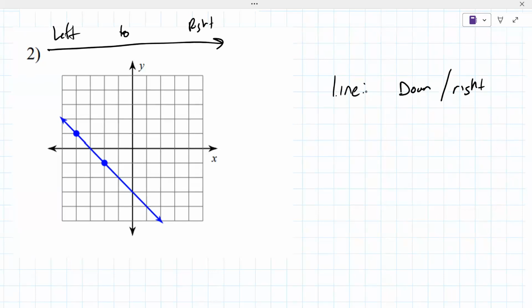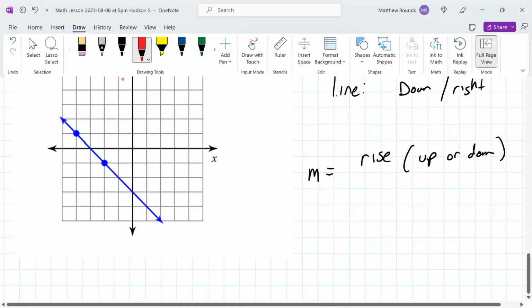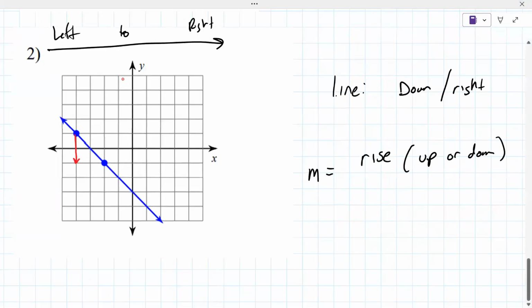Okay, now the slope this time, it's still the rise, but the rise means you're either going up or down. In this case, you're going down. But you're always going, and they use the word run, you're always going to the right, always.